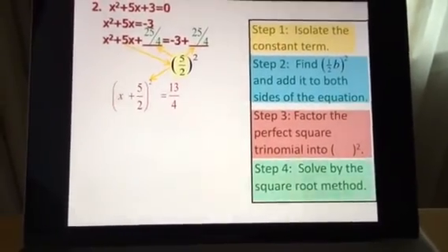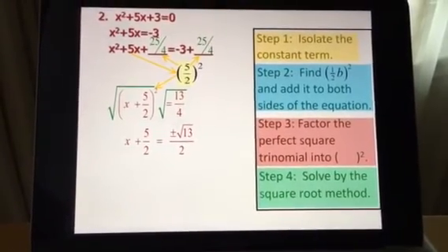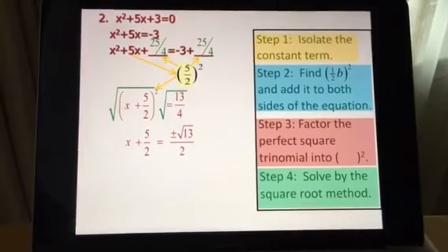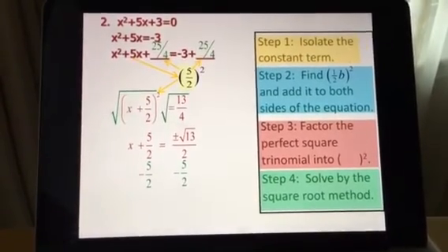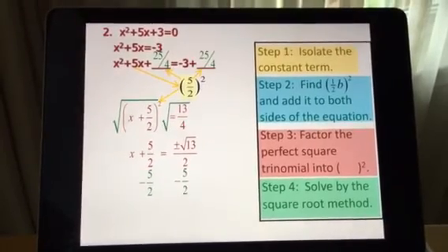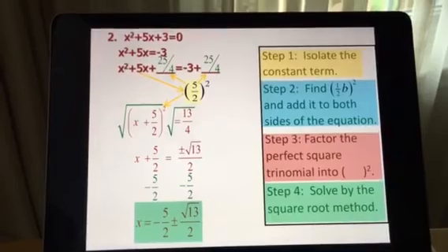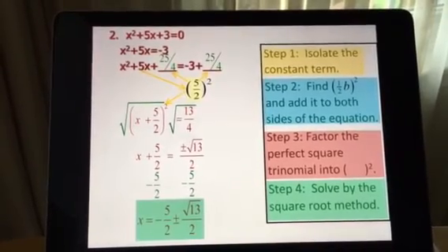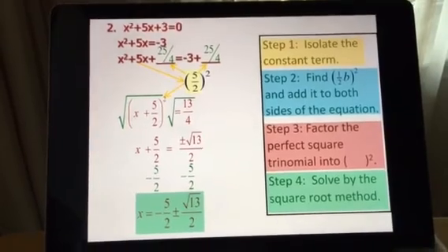We take the square root of each side, and we get x plus 5 over 2 is equal to plus or minus, don't forget your plus or minus, the square root of 13 over 2. Let's see what's next. We get x is equal to negative 5 over 2 plus or minus the square root of 13 over 2.